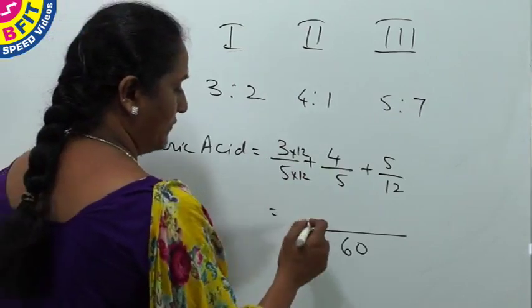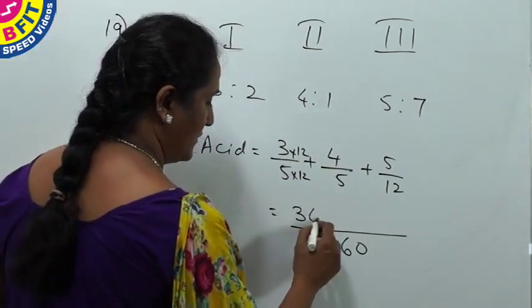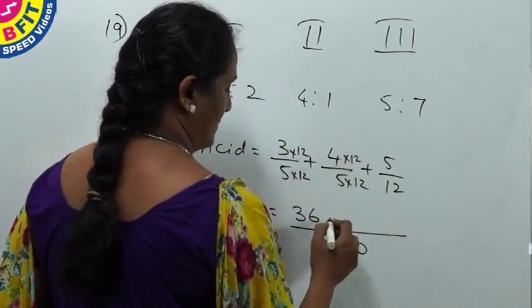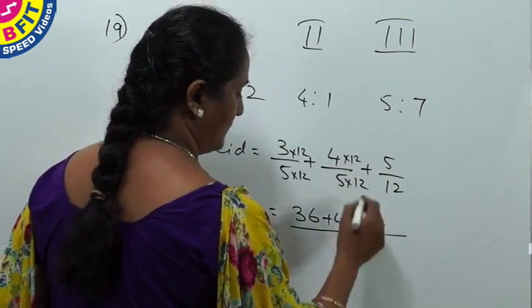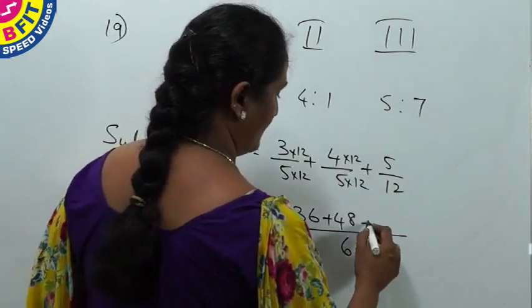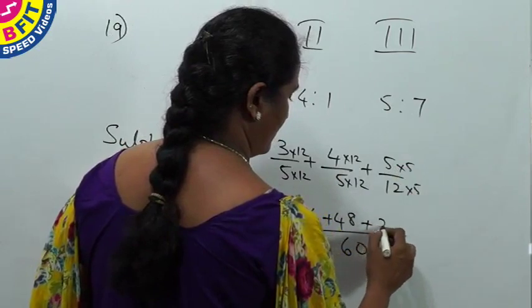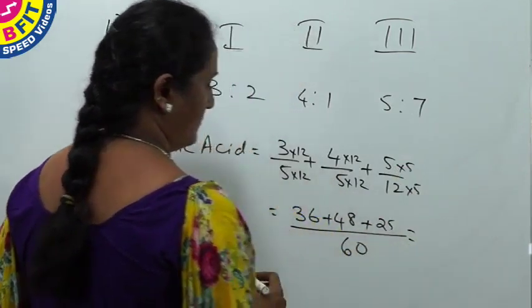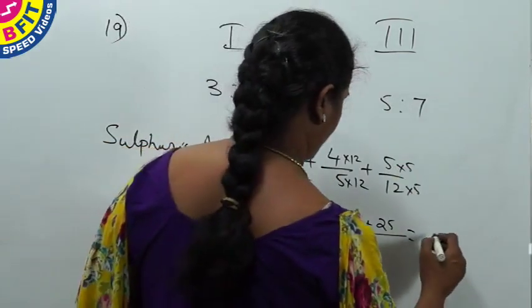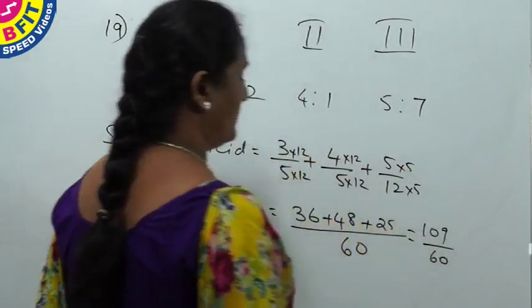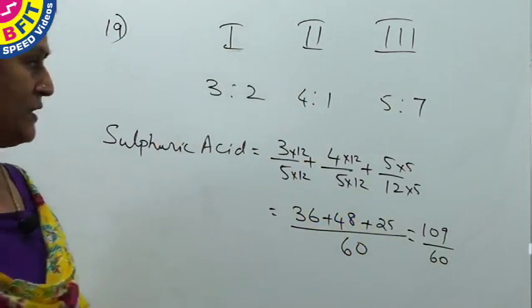Multiplying the first fraction with 12, we have 36. And the second it is 48. So we have got 109 by 60.